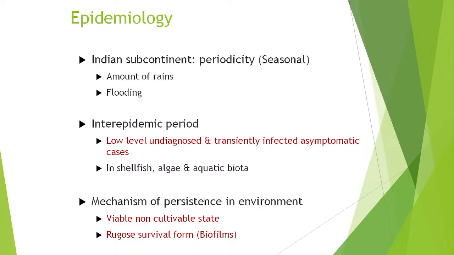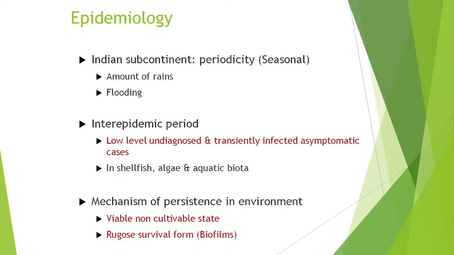So if you see the Indian subcontinent, what is the epidemiology? It is associated with classical periodicity and with the amount of rain. The number of Vibrio cases increases during the rainy season. So when is the rainy season in India? We are in a temperate climate, so from July onwards we have a rainy season.